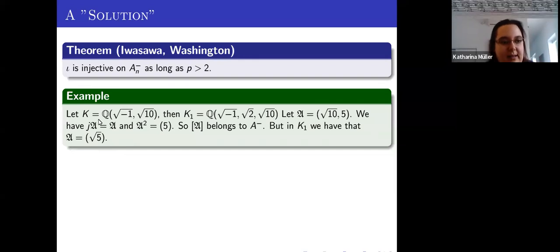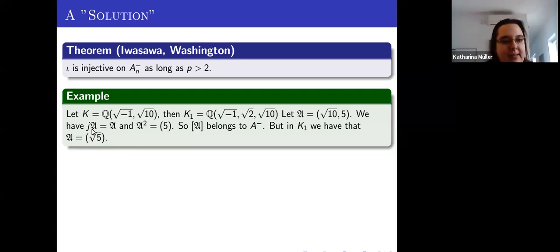So let's look at an example. If we take K to be the field obtained by adjoining the square root of -1 and the square root of 10 to Q, then the first step of the 2-cyclotomic Z_p extension is just K adjoined the square root of 2. So I can look at an ideal A generated by the square root of 10 and 5.